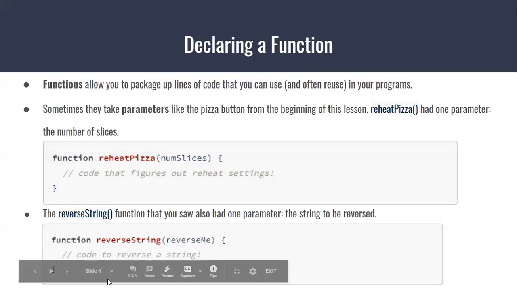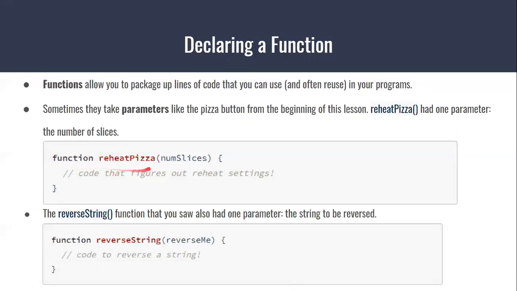So anyhow, this is how you would declare a function. You have a special keyword in the language called function that has a name, and then you can have a parameter. This is a very simple one. It's a function named reheatPizza, and if you notice, there's camel casing going on here. There is not a capital R, it's lowercase, and then the next word is capital P, and then it has a parameter. That could very well be input, but it's really good to name your variables and your functions in a way that is very self-explanatory when you look at it.